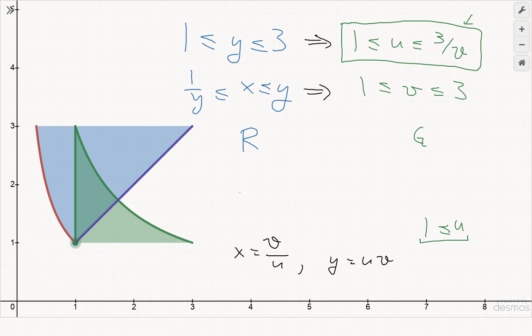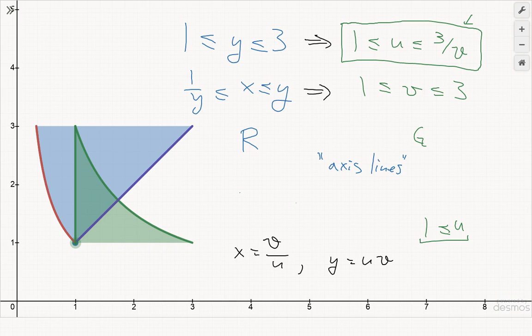And then also in red and purple are the coordinate lines, or the axis lines, for this coordinate system.